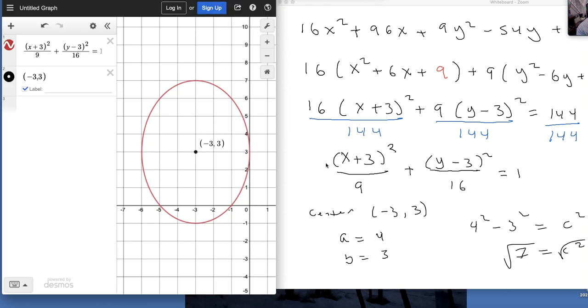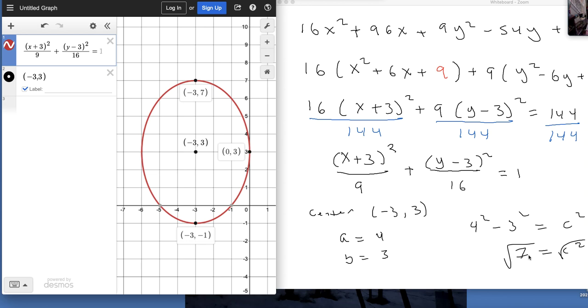I would count if I were on graph paper and doing this on a paper and pencil test, I put a point here and I go, okay, my a is 4 and it's under my y, so that means it's going to go up 4 and down 4. And then I would just read those points, -3, 7 and -3, -1 straight off the graph. So that would be my major vertices. And then my b was 3, so from the center I would count over 3 and over 3, and that gets me those minor vertices right there.